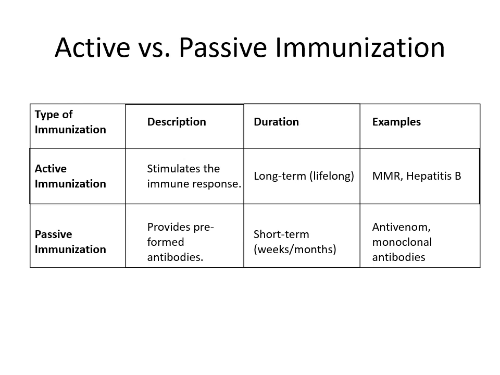Active immunization provides long-term or lifelong immunity, while passive immunization is short-term, like weeks or months, that's its duration. Active immunization has examples like measles, mumps, rubella, or hepatitis B, while passive immunization has antivenom or monoclonal antibodies.